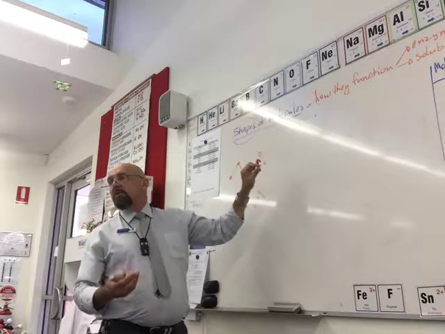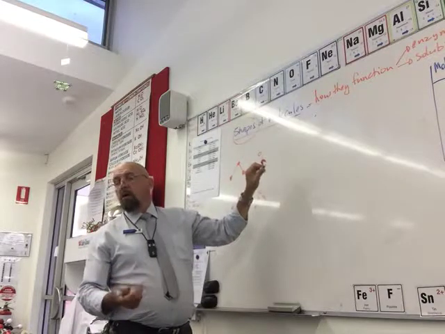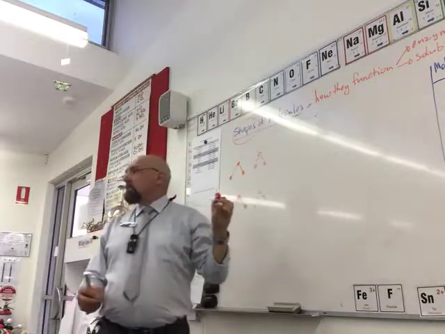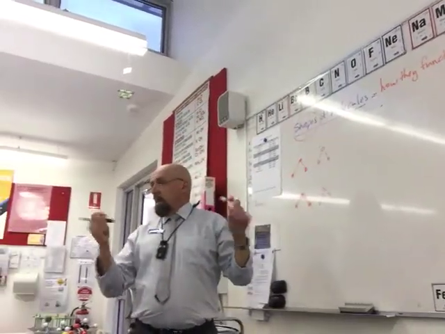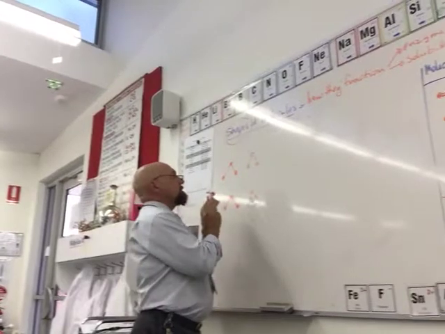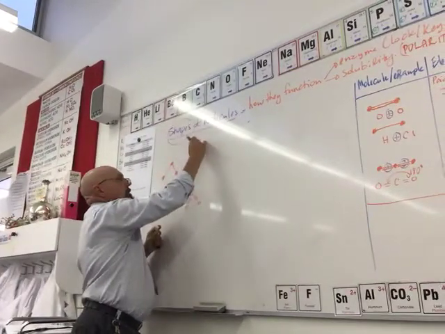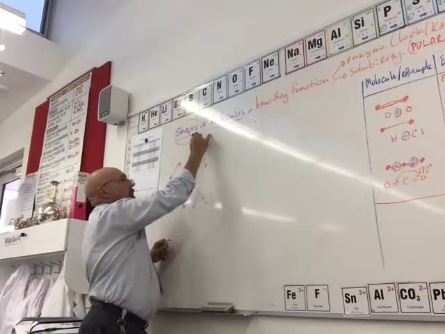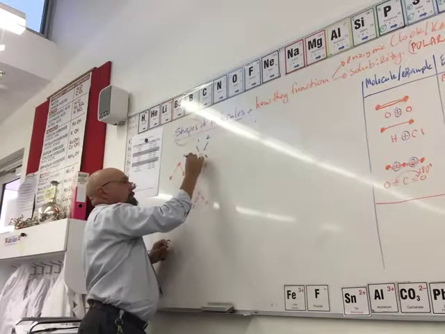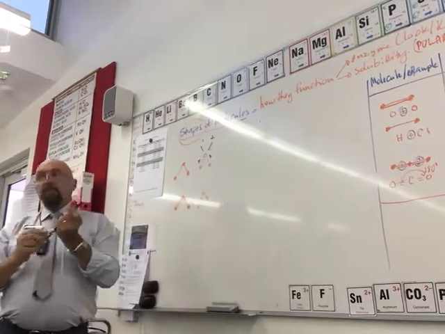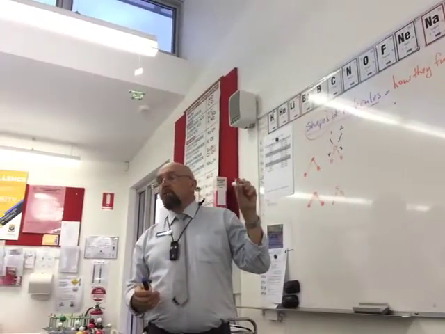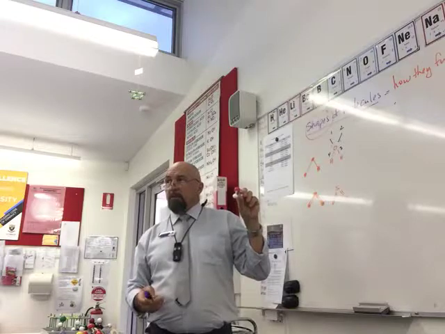There's four sets actually. So it's got one non-bonding, that's two non-bondings, that's got 1, 2, 3, 4. So it's actually got 4 sets of electrons around the central atom. 2 bonding, 2 non-bonding.